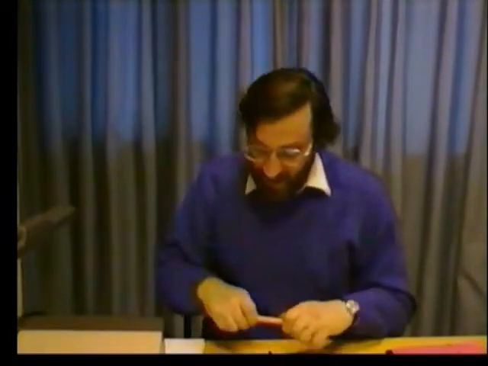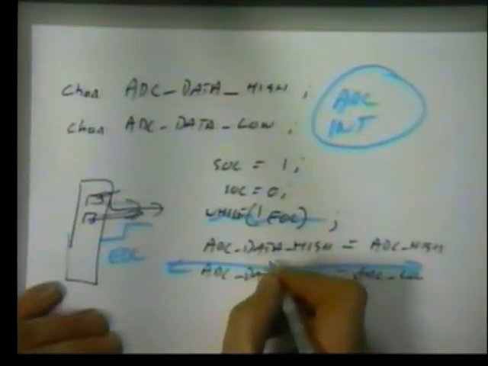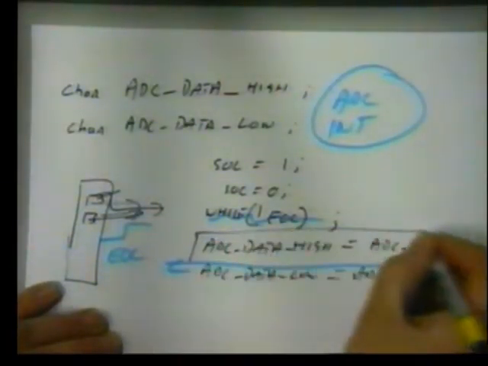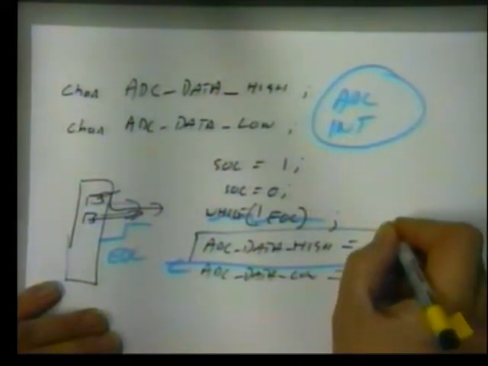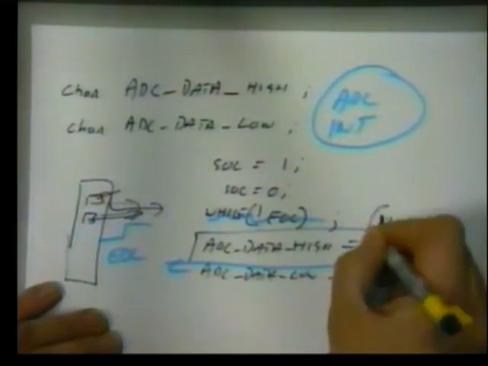So you could be happily reading the data from the ADC in your background process when all of a sudden the next conversion finishes when you've only got half the result and it updates the numbers. And because you are a good programmer, you've written an interrupt service routine that is totally transparent, you don't even know it's happened. So what will happen in our current example is that this ADC high value would come from the conversion at time n-1.